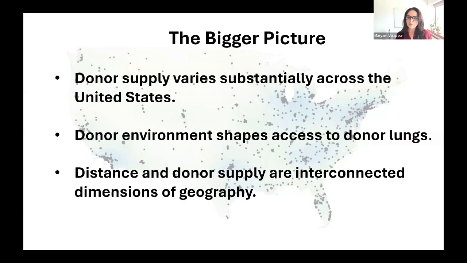And we've seen that when the influence of distance changes, those differences really matter. For me, that was probably the most important insight from this work. We simply cannot apply a uniform distance rule to non-uniform donor environments and expect uniform consequences.